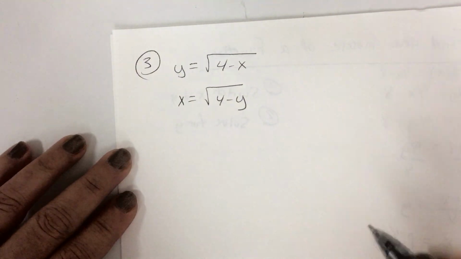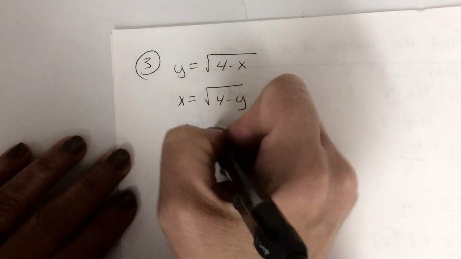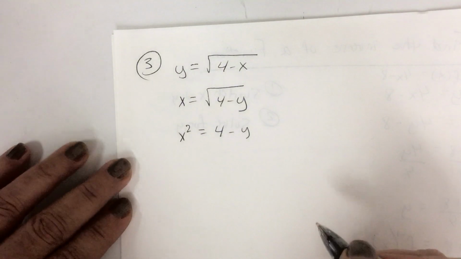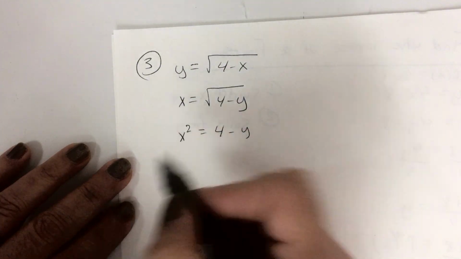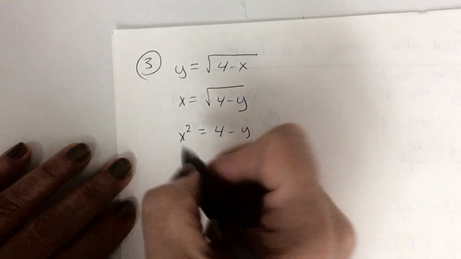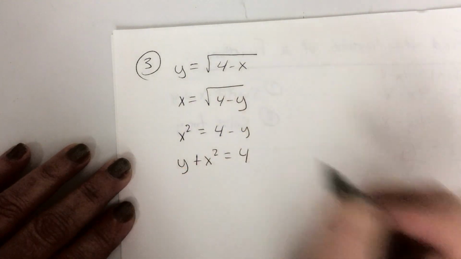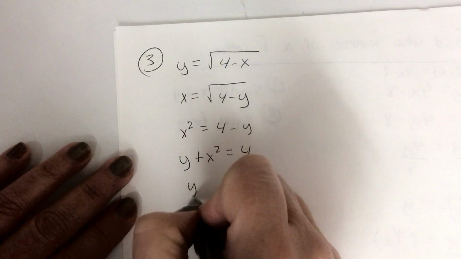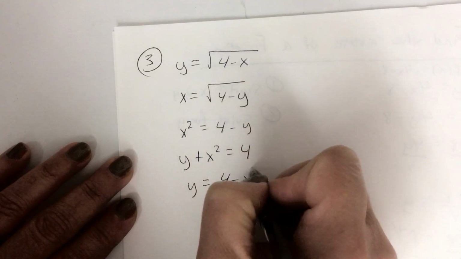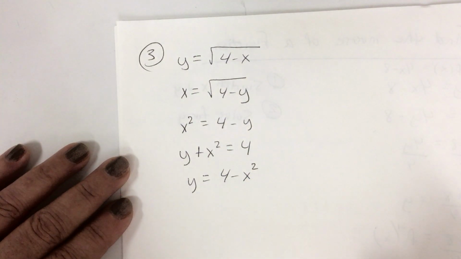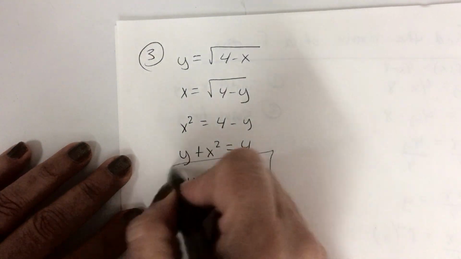And now I need to square both sides. So x squared is equal to 4 minus y. Then I like my y to be positive, so I'm going to move my y over here. So y plus x squared is equal to 4, and then move the x squared over. So y is equal to 4 minus x squared. So that would be my inverse function.